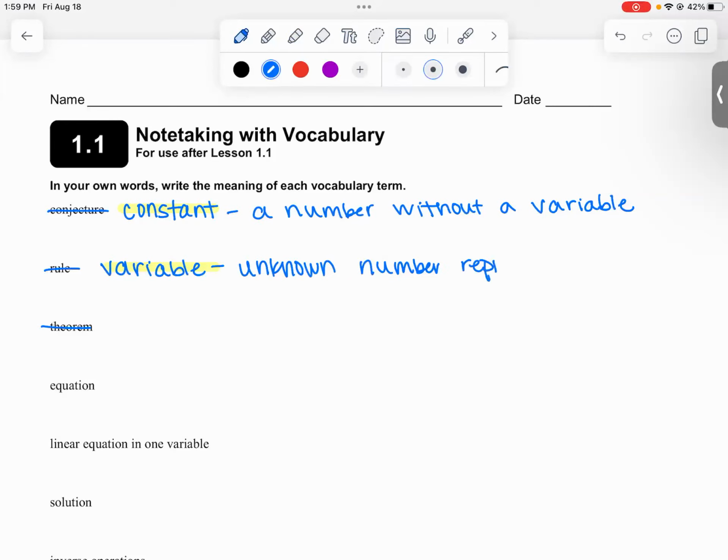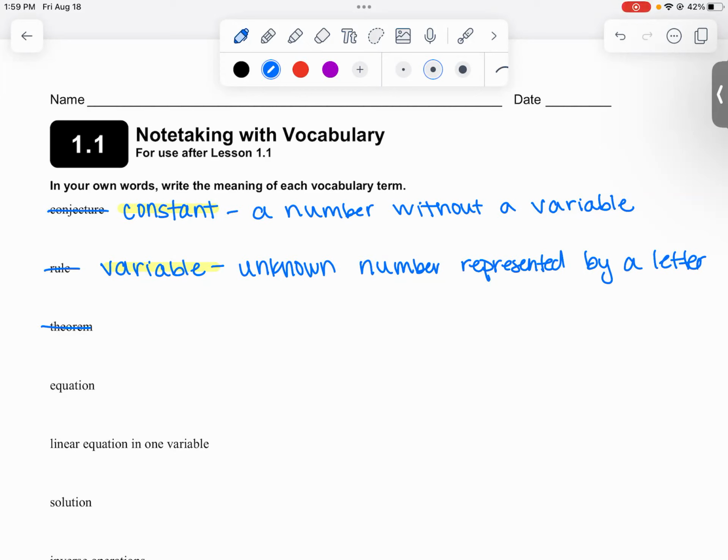Represented by a letter. The most common variable we will use is x. Just waiting for you to write it down.